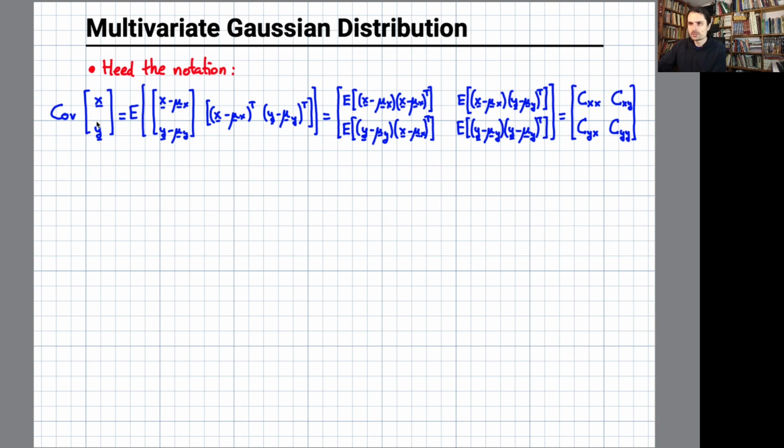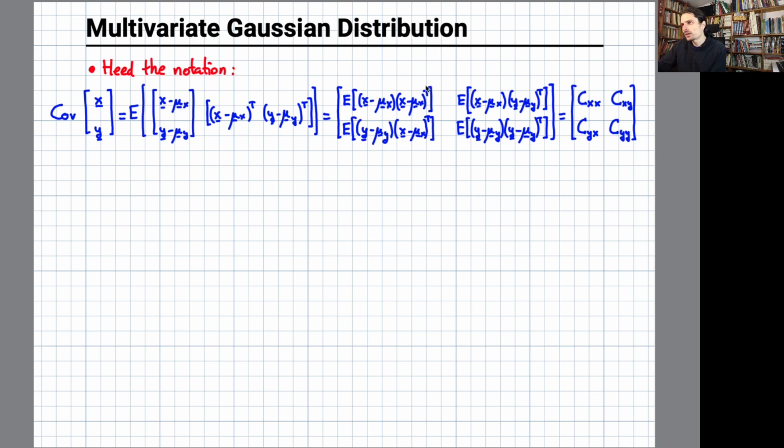Its covariance, by the definition of covariance, is given by the expectation of this column vector times this row vector, okay? And just by multiplying these two vectors and bringing the expectation inside, we find that this covariance matrix can be expressed in terms of its constituent blocks in this way.